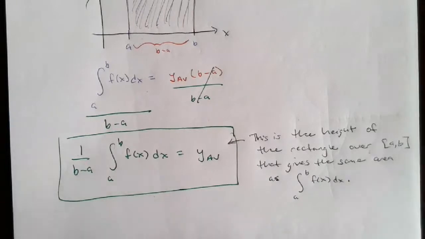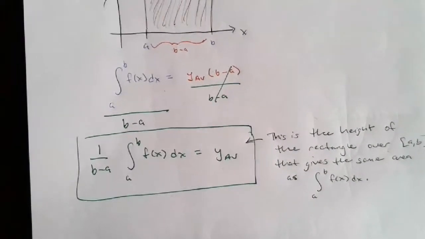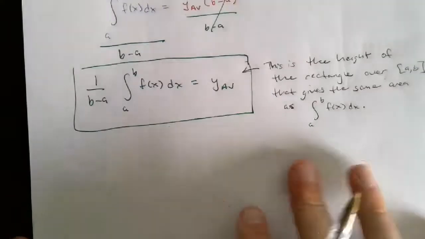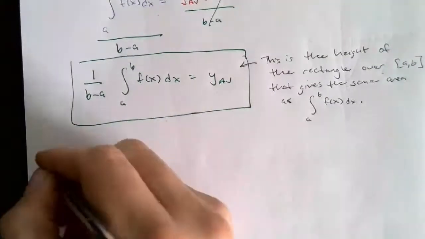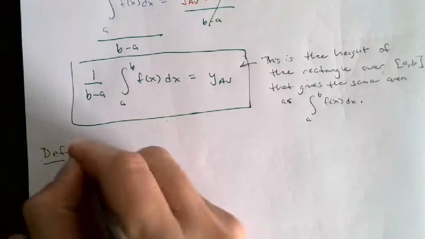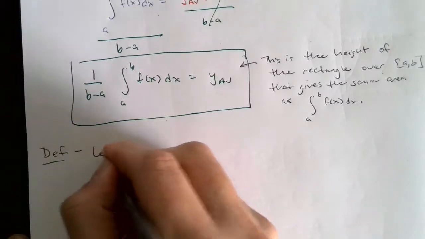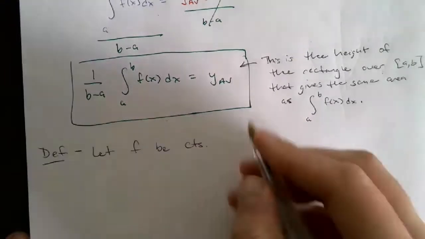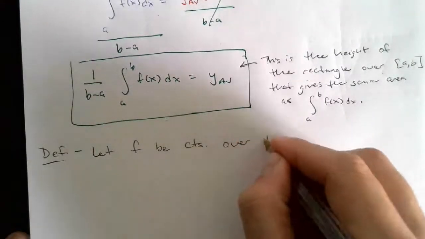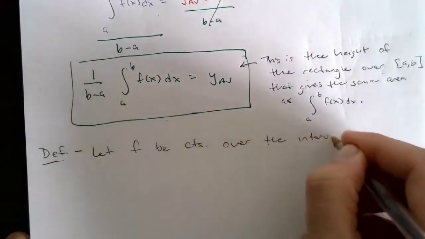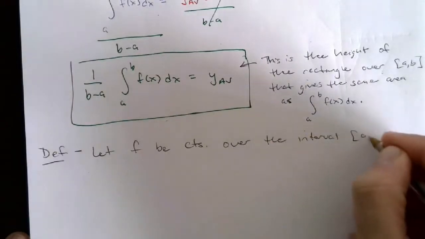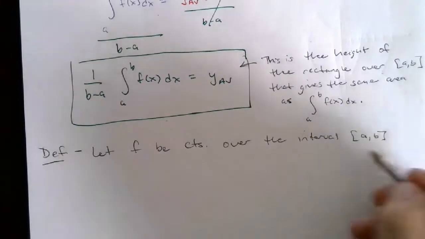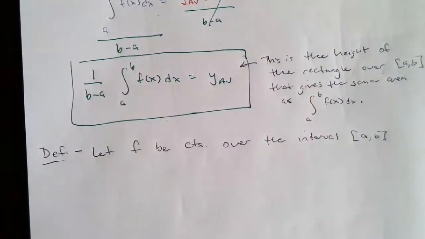The formal definition is really the exact same thing I just said out loud. It just writes it up in a little more compact form. So for my definition here, I'll say let f be continuous, CTS for continuous, over the interval a to b, the closed interval from a to b.